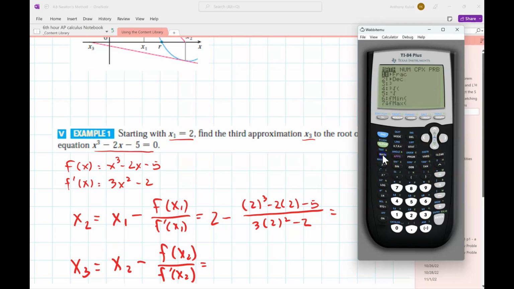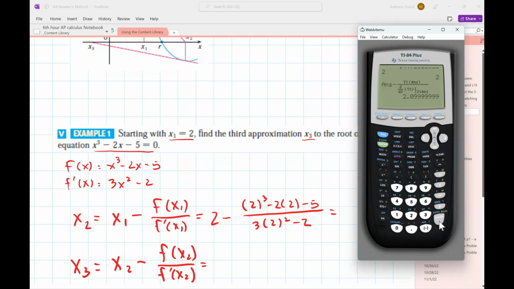So I'm going to press math and scroll down to the nDeriv option. I'm differentiating with respect to x. The equation I'm differentiating is in y1, so vars, y-vars, function y1. And I'm differentiating at ans. So that's my setup.